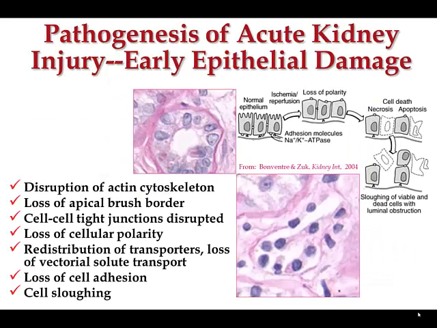Looking at it from a pathophysiologic standpoint, what happens in these very early phases of the disease, we get disruption of the cytoskeleton of the tubular epithelial cells.